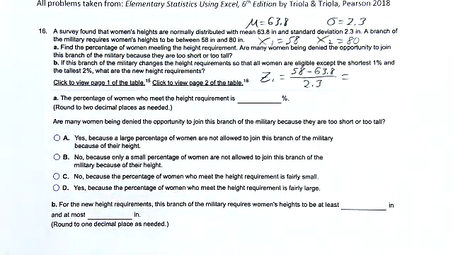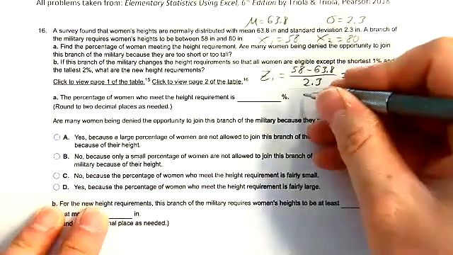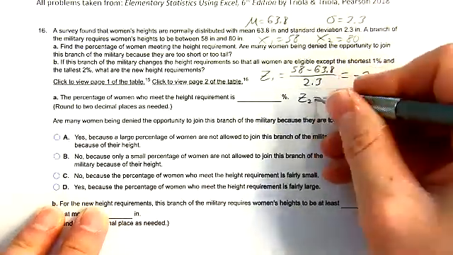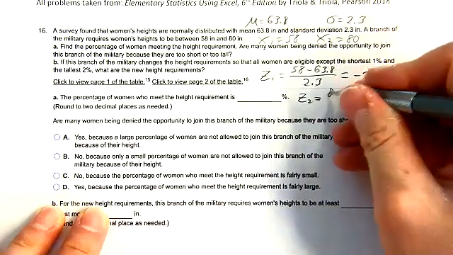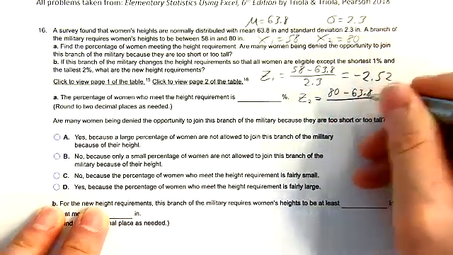I have the answers written down, but not the intermediate numbers. But I can do this pretty quick. This should be negative 2.52. Z2 would be x2, which is 80, minus the mu, which is 63.8, divided by 2.3.